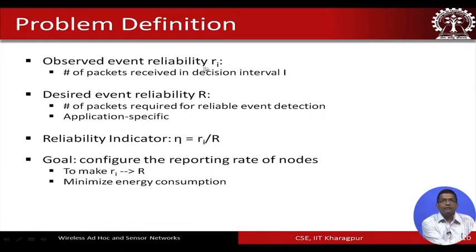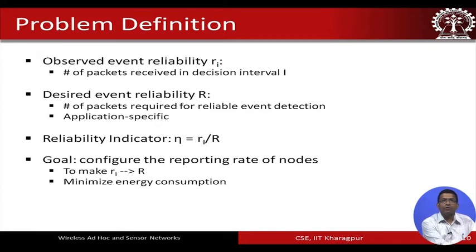The ratio of the observed event reliability and the desired event reliability is defined as the reliability indicator.